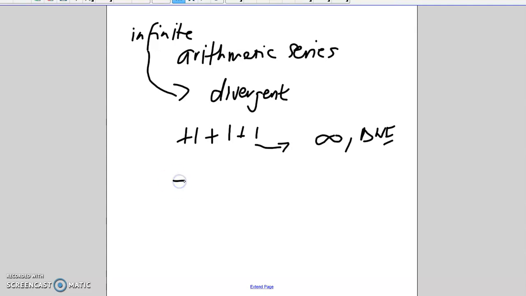And likewise, if I keep subtracting negative numbers, this is going to tend towards negative infinity, and also that does not exist. Right? So for arithmetic series, they're all going to be divergent, and the limit as you increase the amount of terms in that series is not going to exist.